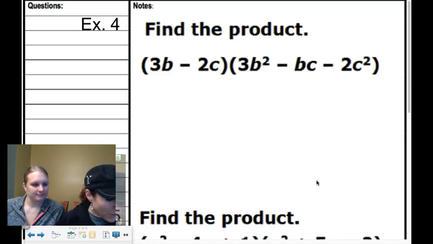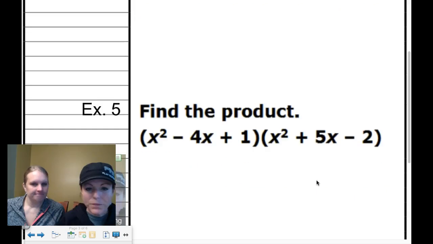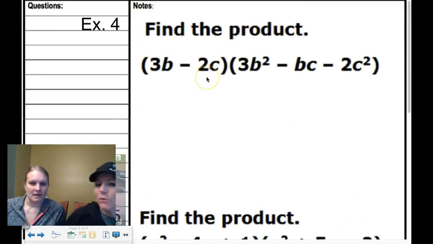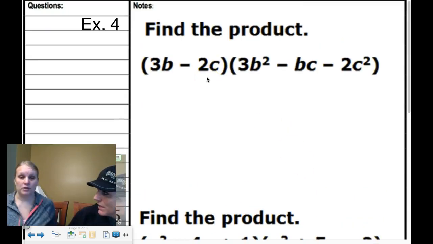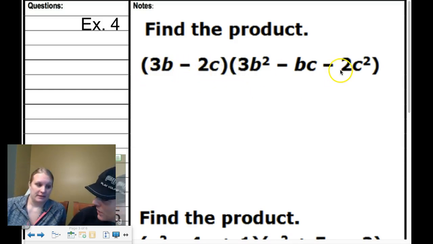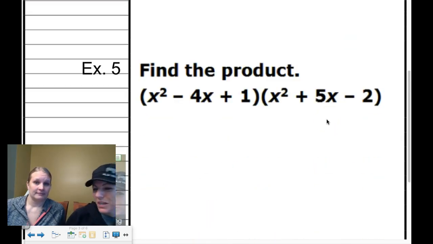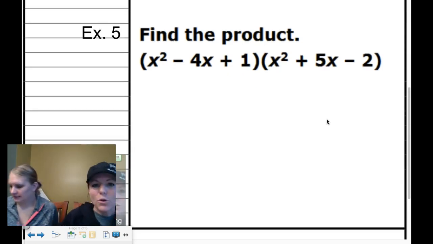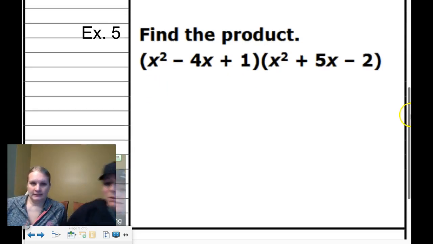Now, okay, we have an example 4, and I think example 4 we should save for class, right? Sure. Don't you think? Because it's a 2-term times a 3-term. Oh, but see here we have a 3 times a 3. Don't you think we should probably go through that now? Sure, let's do it. Okay, so let's do example 5. Same rule applies.